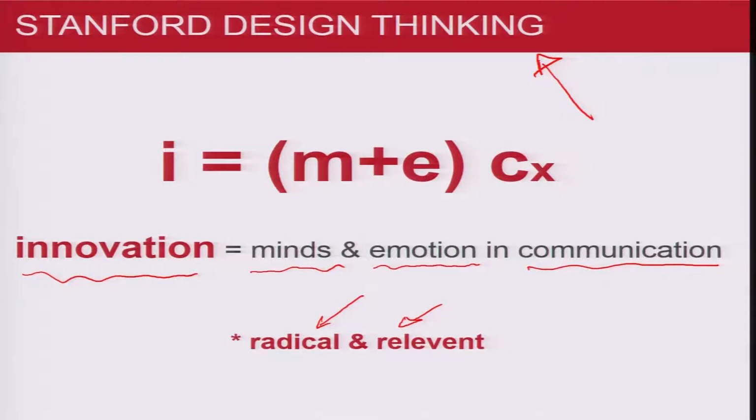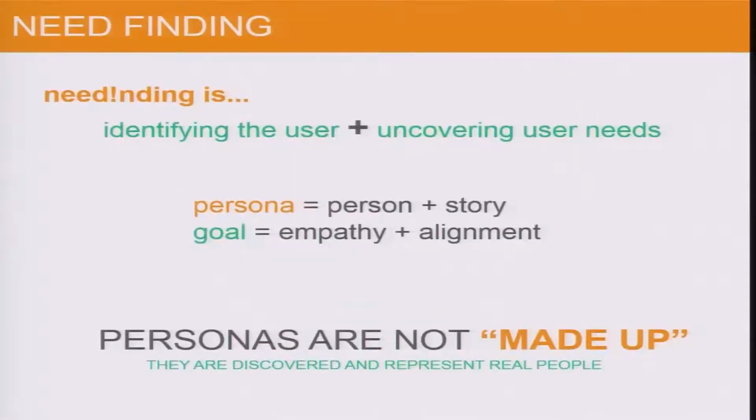So, I think I have given enough philosophy behind this whole process, and the underlying need finding, which is actually an important pretext whenever we talk about starting to innovate, is about, again, people. And people are called personas.